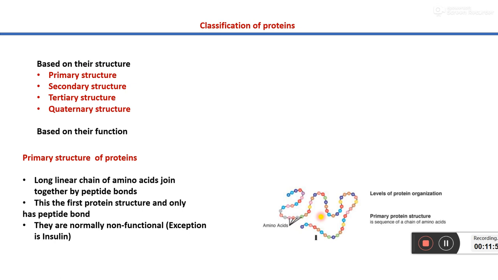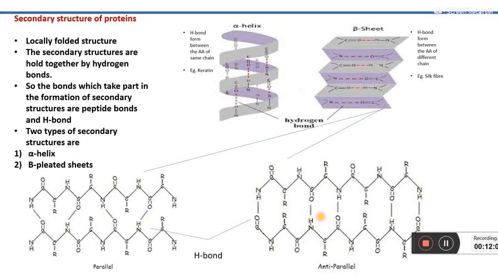Now let's discuss the secondary structure of proteins. So the secondary structure forms due to the formation of hydrogen bonds. So suppose these are two amino acids here, and they form a hydrogen bond, and by this way these two amino acids come close to each other in this polypeptide, and this generally is responsible for the formation of the 3D structure.